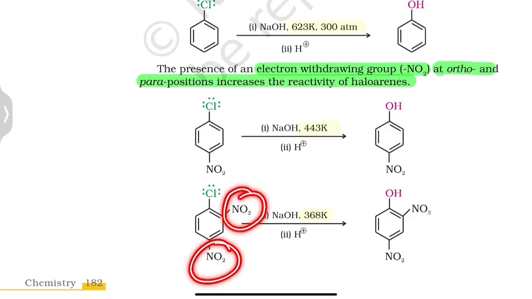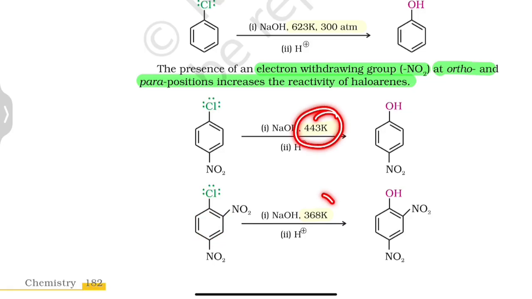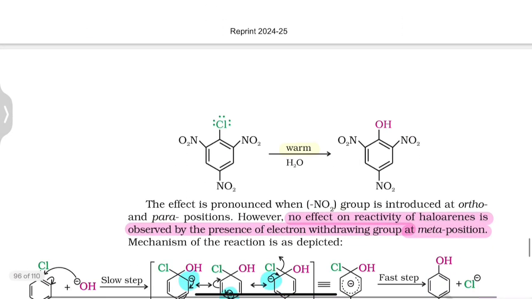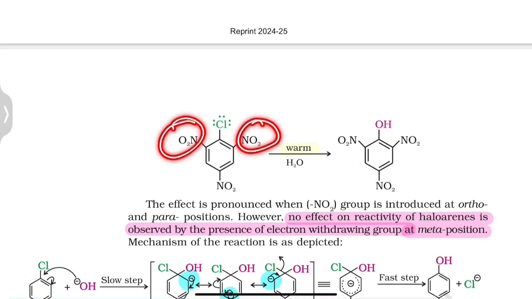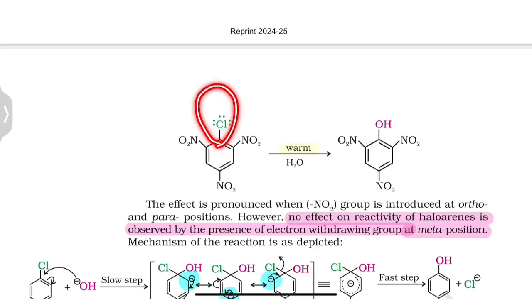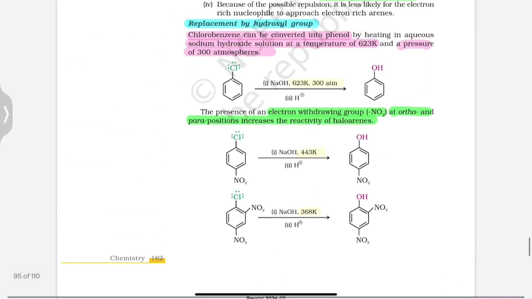If two NO2 groups are present, they reduce the electron density of the benzene ring further, so you can make a note of this temperature: at a still lower temperature, chlorine is replaced by OH. When 3 electron withdrawing groups are present, the electron density on the benzene ring reduces so much that even a slight warming replaces chlorine with OH. So what you have to learn is the temperature.